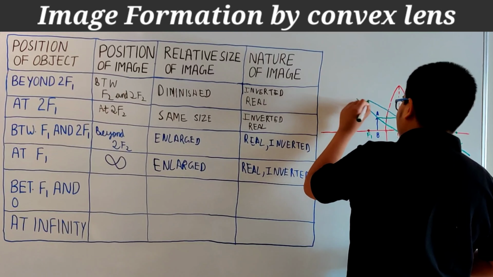Now whenever we show the ray diagram for object at infinity, we always use only the first rule. So we can draw multiple rays using the first rule, that is incident ray is parallel to the principal axis and the refracted ray will pass through the focus.